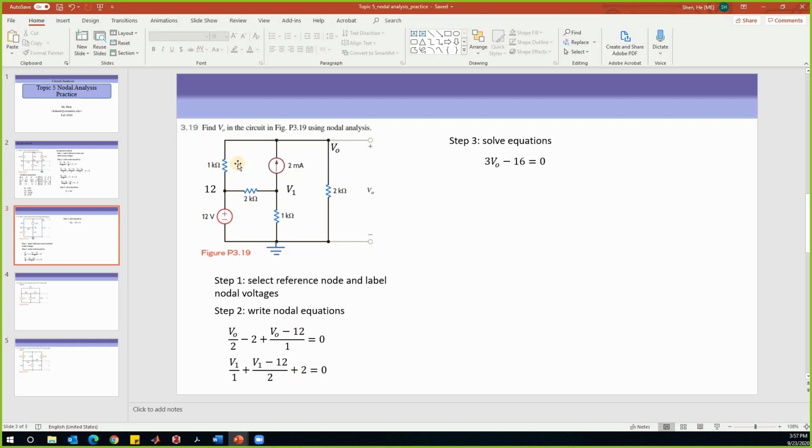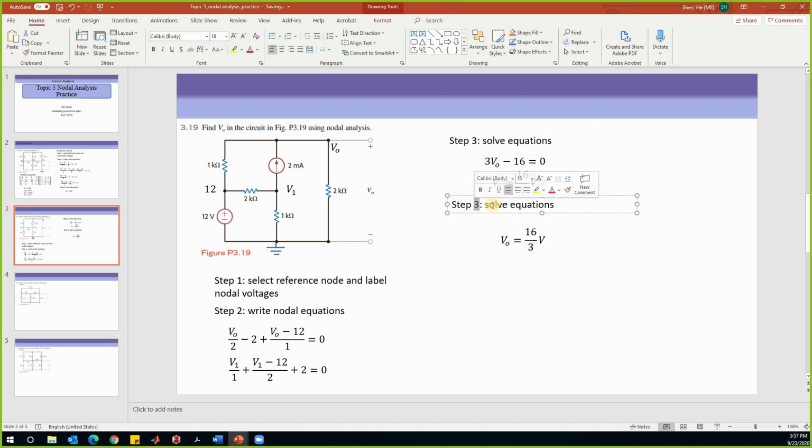I don't really need a second equation to find VO, which is nice. If you notice that, you can give the conclusion directly, because I already solved VO from there. VO is equal to 16 over 3. So step 4 is to write the conclusion: VO is equal to 16 over 3 volts.